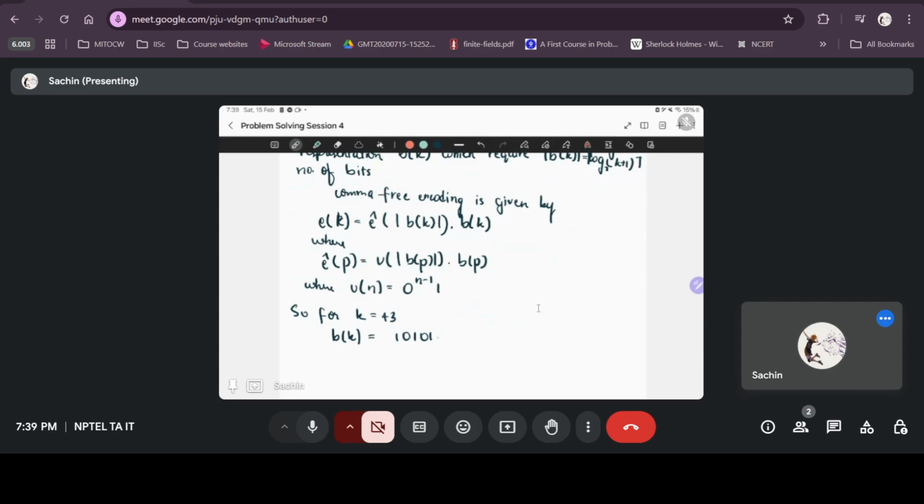You add 1, that's 43. Plus 1 plus 2, 3 plus 8, 11 plus 32, 43. And the number of bits you needed to do this is 6.